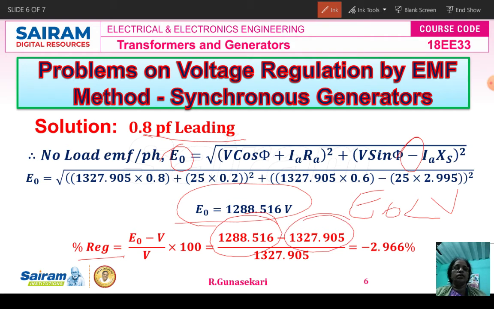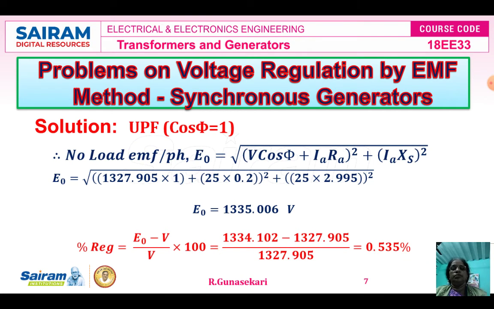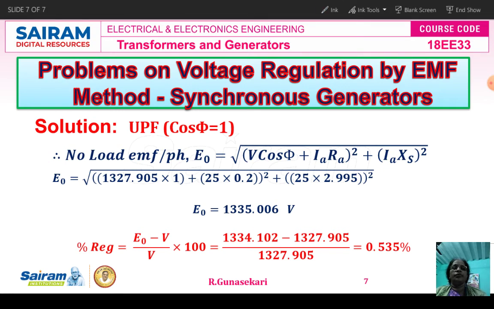That means E0 is less than V. So therefore for leading power factor the voltage regulation is a negative value, that is minus 2.966 percentage.